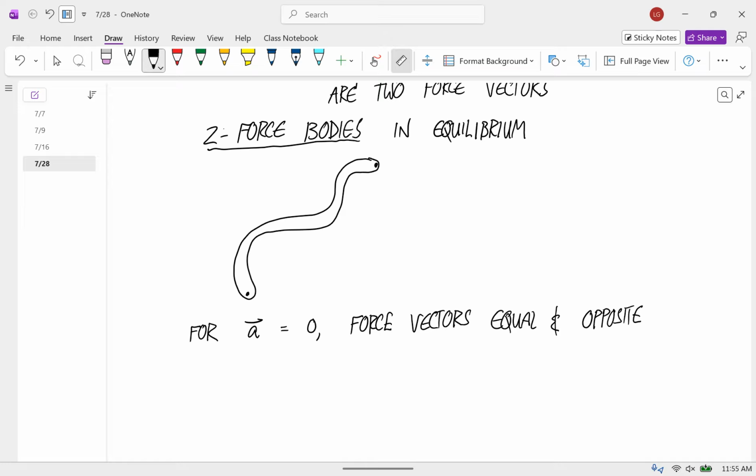So already we know that if you have a two-force body, those two forces have to be equal and opposite. But let me give you an arbitrary set of equal and opposite forces. Let's say this and this. Those are supposed to be opposite directions. Would this be in equilibrium? No, because those two are a couple and they're going to make this thing rotate. There's going to be an angular acceleration from these two forces. So that doesn't work either. So how would you prevent that?